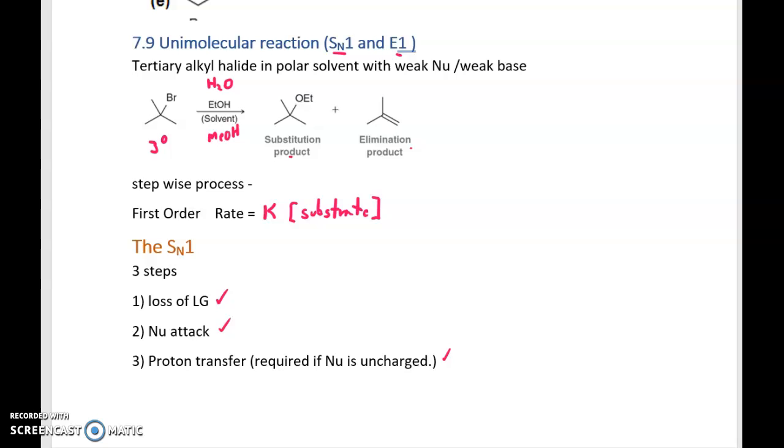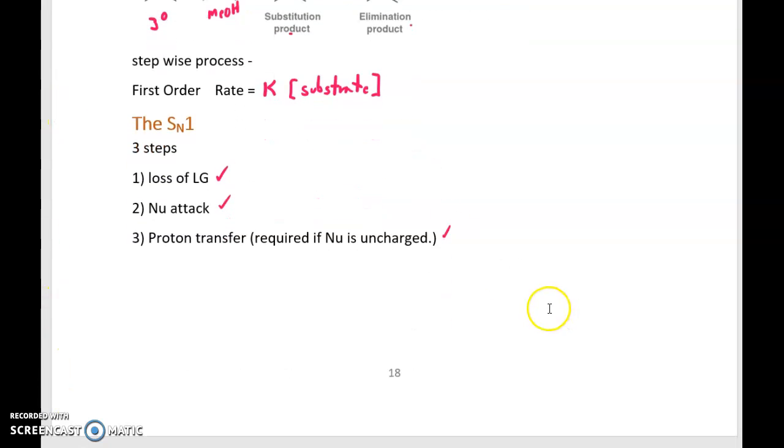Let me move this up so we have a little bit of space, and I'll show you an example. So we have to start with something that's tertiary. There we go. It's a tertiary halide. So the very first thing that's going to happen is the leaving group's going to leave.